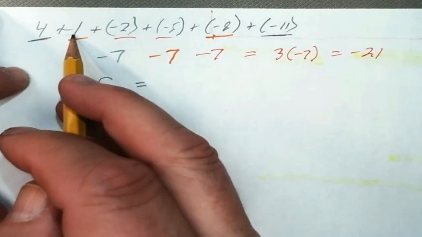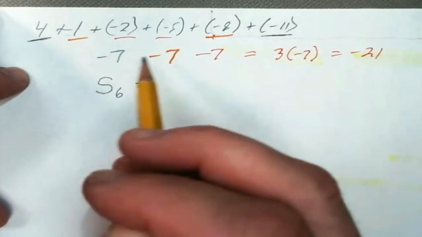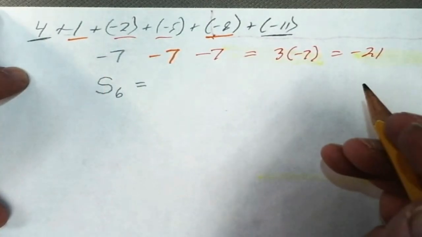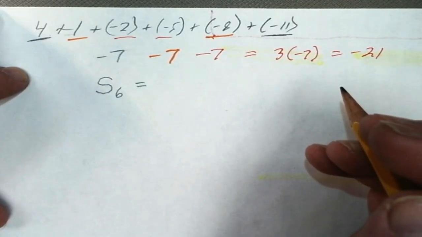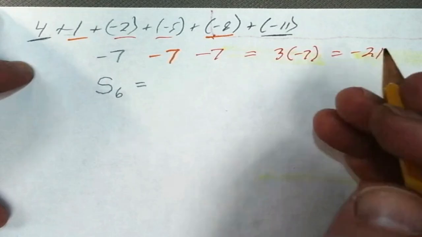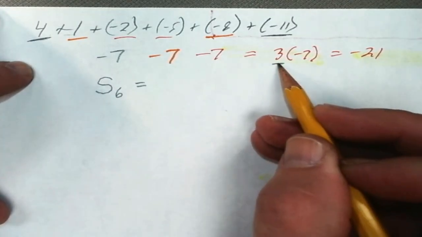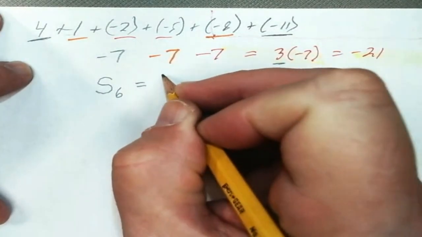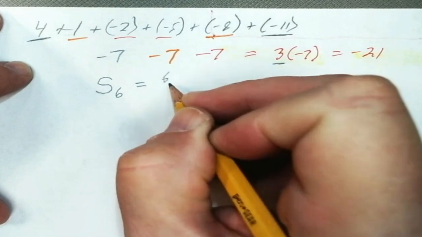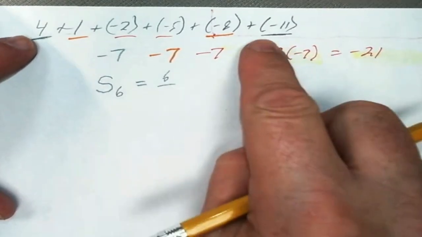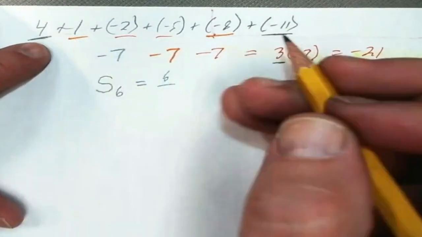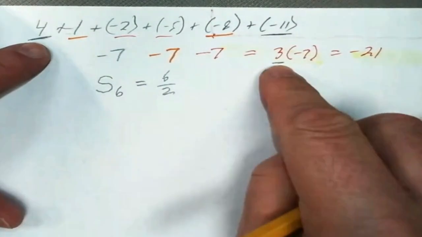The common difference was -3, so that had nothing to do with that. But they ended up multiplying by 3, and we had 6 in there. So can we say 6 divided by 2, because it took 6 of them, divided by 2 gave us the 3.